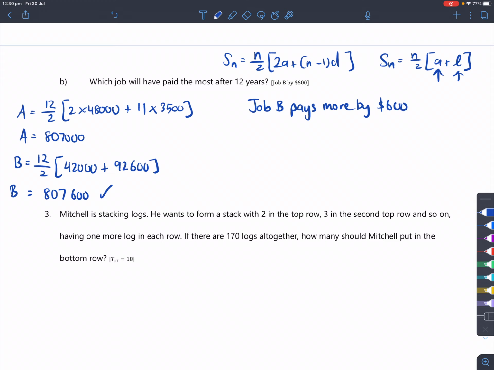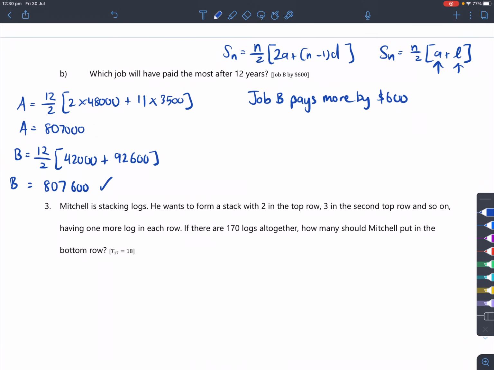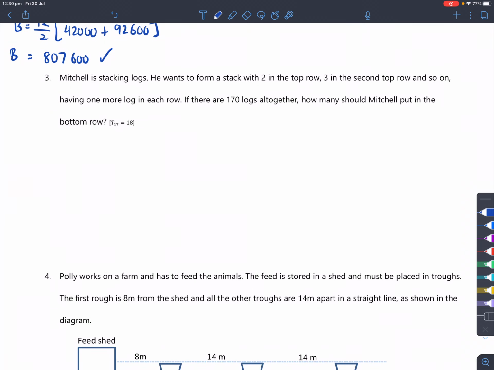Alright, question 3. Mitchell is stacking logs. He wants to form a stack with 2 in the top row, 3 in the second top row, and so on, having one more log in each row. If there are 170 logs altogether, how many should Mitchell put in the bottom row? So this is how it works. There's 2 logs.